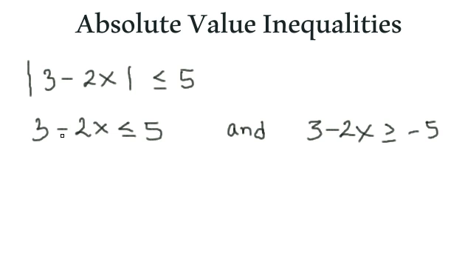I'll go ahead and take the 3 over to the right, and because it's a positive 3, when I take it over to this other side, it becomes a negative 3. So we have negative 2x is less than or equal to 5 minus 3.